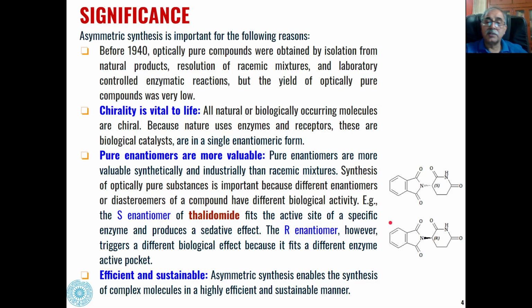For example, thalidomide is used as a drug which has a sedative effect, and it was found that out of the two enantiomers, the S enantiomer and the R enantiomer, only the S enantiomer has the sedative effect, whereas the R enantiomer does not show any sedative effect, but it has some other activity because it fits a different enzyme active pocket, whereas the S enantiomer fits the active site of a specific enzyme which will produce the sedative effect.